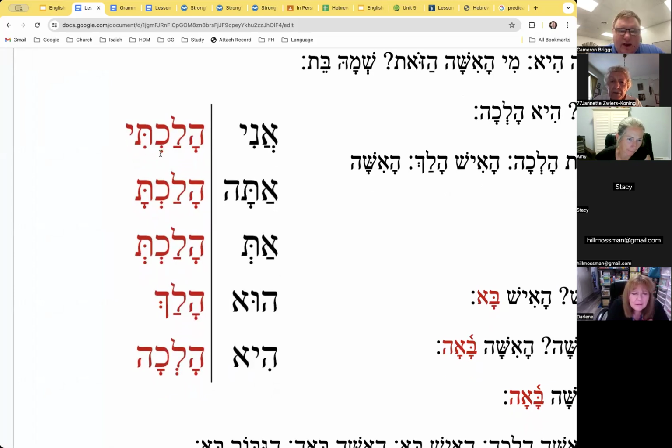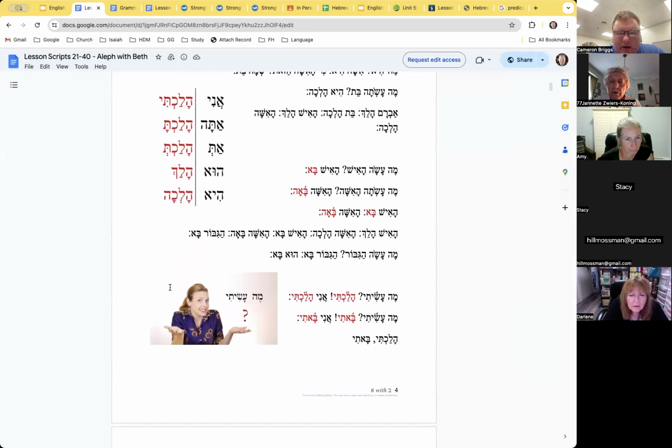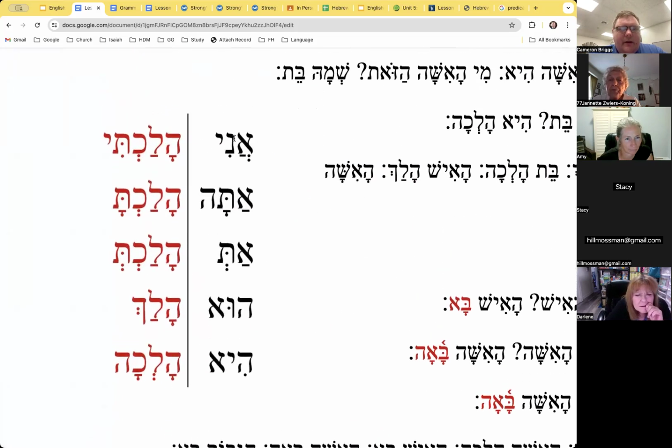We haven't totally got the full conjugation quite yet. We get a little bit introduced to it, but here's the chart. The lesson script for 21 has the little chart here. So ani, I walked, would be halachti. And how come they're adding that?